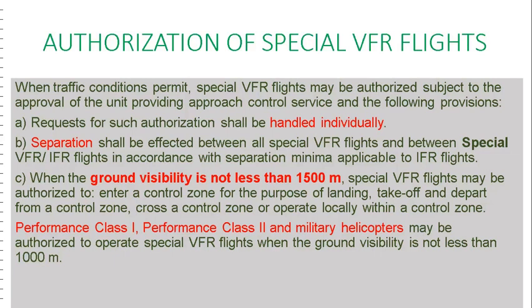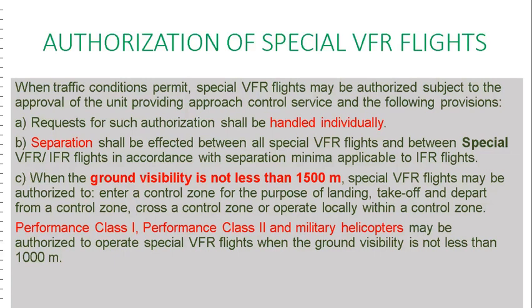Special VFR flights may be authorized to enter a control zone for the purpose of landing, and to take off and depart from a control zone. The special VFR flight can cross a control zone or operate locally within a control zone. Even training is permitted during special VFR. This will be the minimum for all aircraft, but there is an exception for performance class 1, performance class 2, and military helicopters.